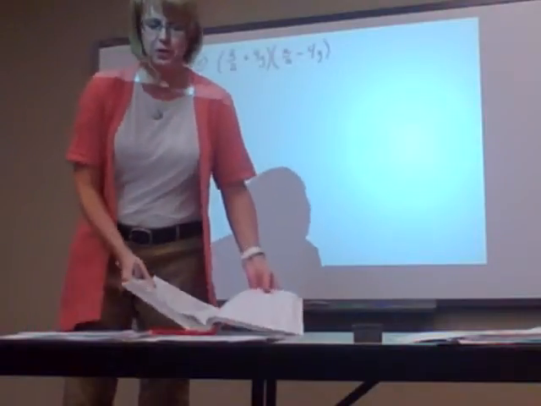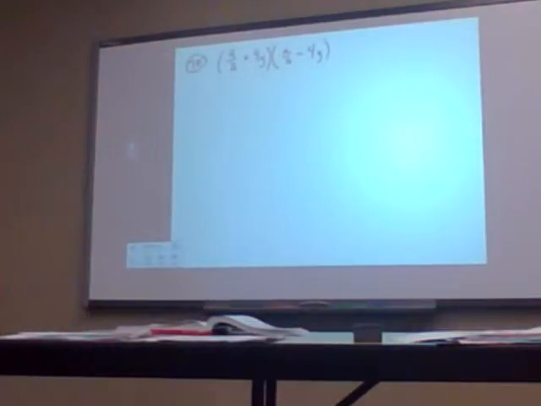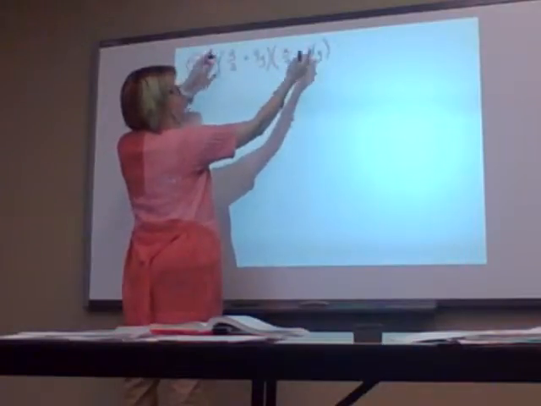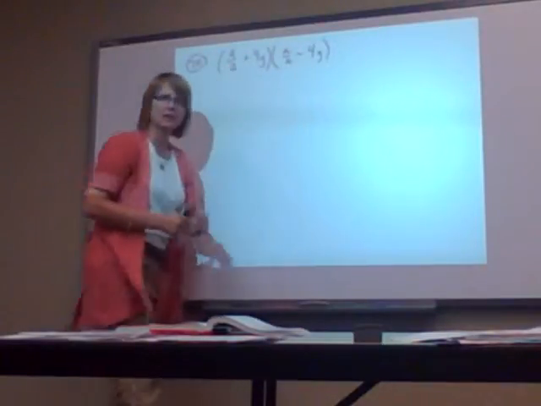A over 2 plus 4y times a over 2 minus 4y. Tell me one thing you notice about this that seems kind of interesting. Plus and minus. One's plus, one's minus, right? In every other way, these two are exactly the same. A over 2 and 4y. And again, a over 2 and 4y. The only difference is one's plus and one's minus.